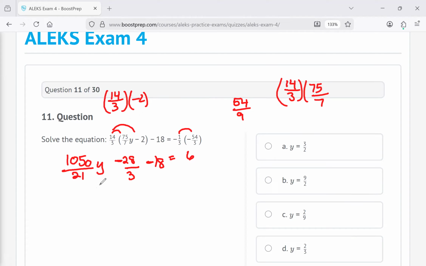Okay. 1050 over 21 comes out nicely as 50y. And then you have -28 over 3, -18 equals 6. And then I guess you can get rid of the fraction now by multiplying all three sides by the LCD, which is 3.